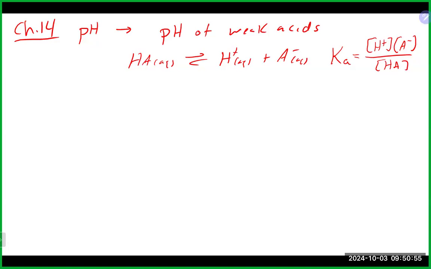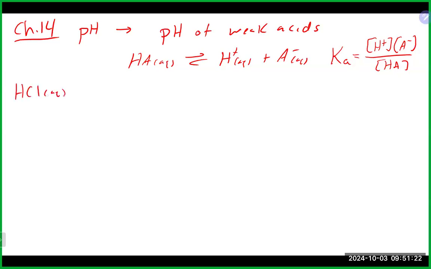Obviously, like normal, anything that is solid or liquid would be left off. So if you did write the equation with water for the dissociation of the acid, you would obviously leave the water off. And because they are weak acids, we cannot just get the H plus concentration directly from them like we could do with a strong acid. So we also talked about strong acids, something like HCl.